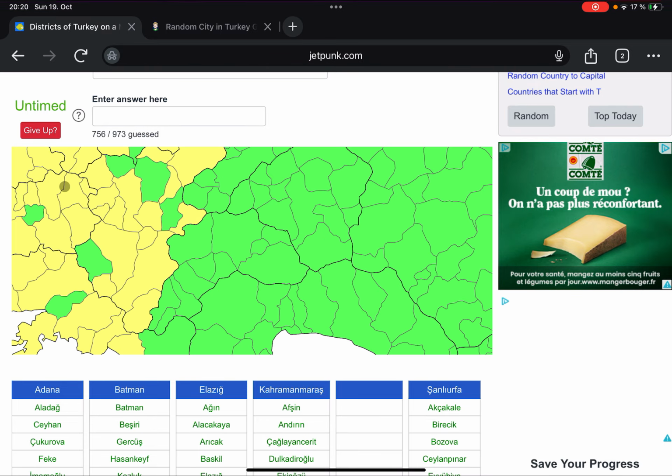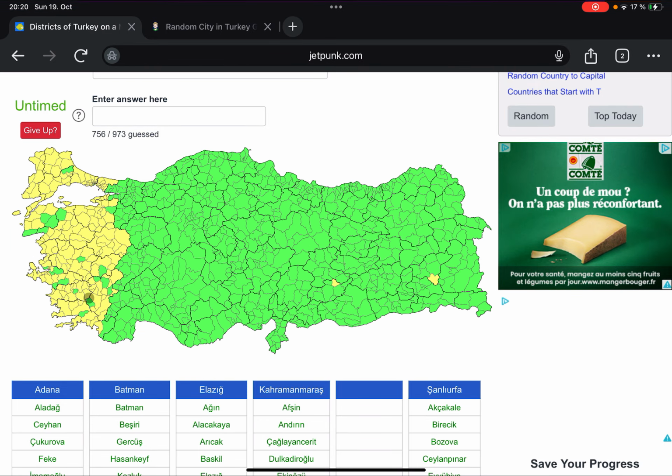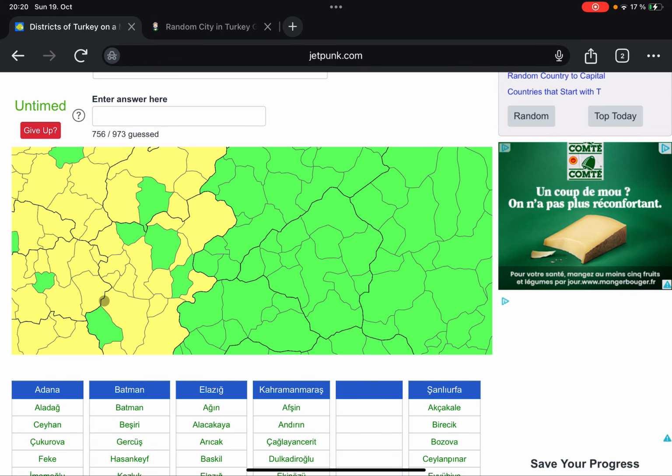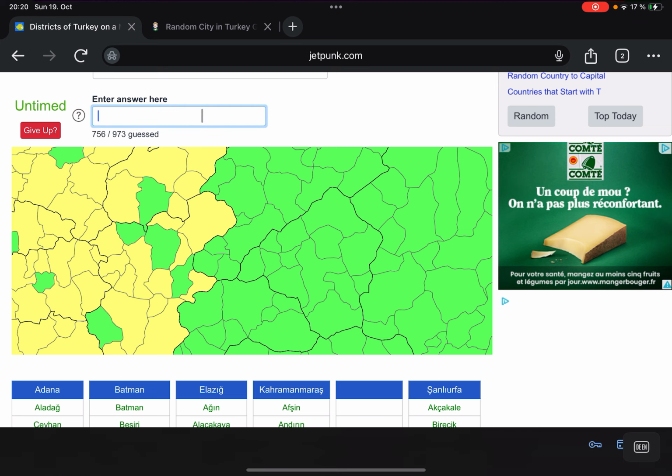And in Denizli, the city of Denizli itself is again divided into several districts. One of them is Pamukkale. The other ones are Sarayköy, Babadağ, and Merkezefendi.